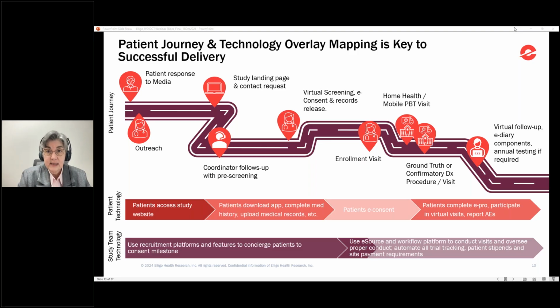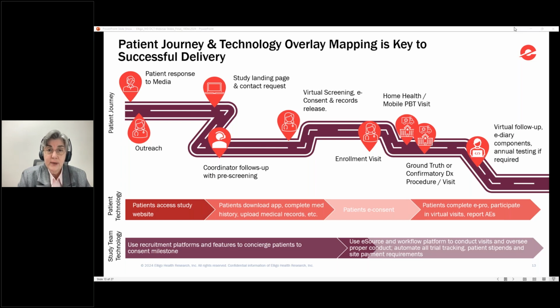Use of an e-consent is something that can facilitate things as well. And then the important part across this entire journey is that you look at the technologies that overlay each step to facilitate this in being less of a burden, not only to the participants, but also to decrease the burden for the study team as well.